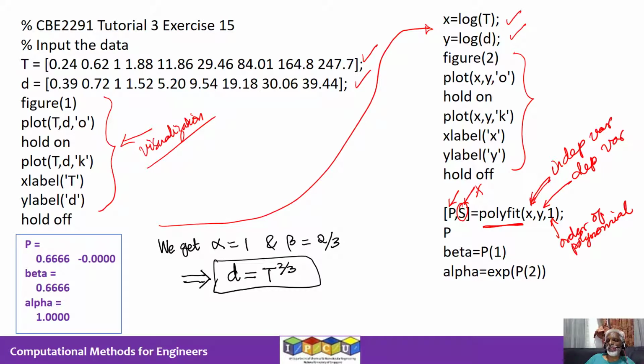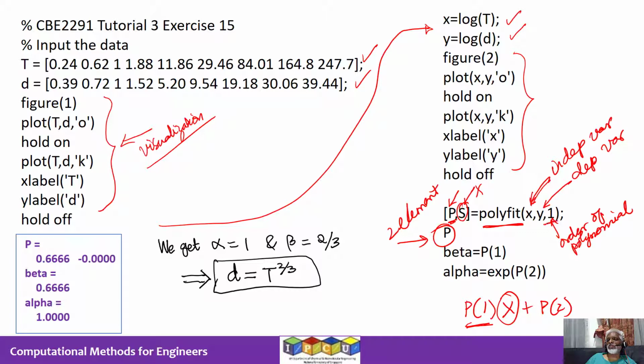If you look at P, the equation will be P of 1 times x plus P2. That is what is contained in P. P will be a two element vector because we have asked for a line, and a line has only two parameters. The first element will be the slope, or the coefficient of the highest power of your polynomial.